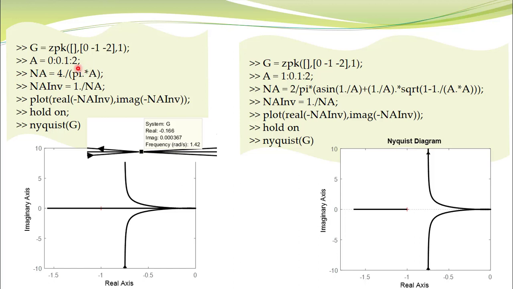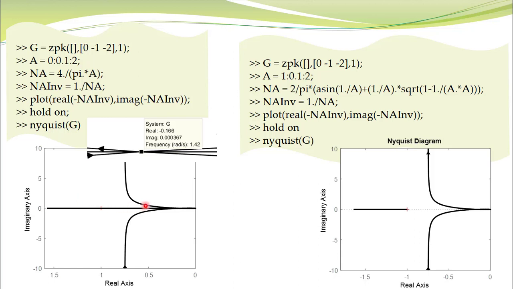For each value of a you get a value of this describing function, and na inverse, the inverse of that describing function, is simply 1 dot divided by na, and we use the plot command to get a plot of this describing function in the complex plane. So that is plotted over here.